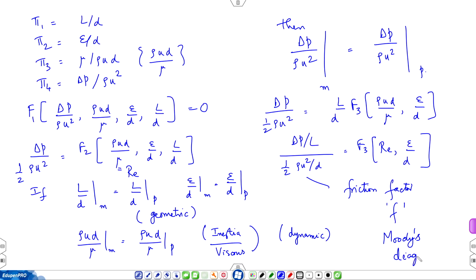So, if you asked why is Moody's diagram plotted in that particular way, the explanation is it takes data in dimensional form, casts it in a non-dimensional form, so that you can go from a model to a prototype.